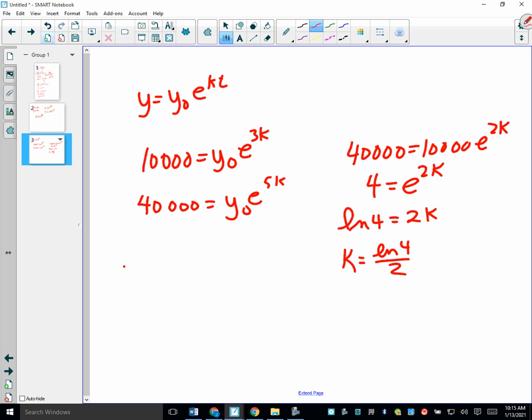It's smaller, I like it better. So 10,000 equals y sub o e to the 3 ln of 4 over 2. Are we supposed to use that exact number? Divide 10,000 by this. What did you get? I got 1250.